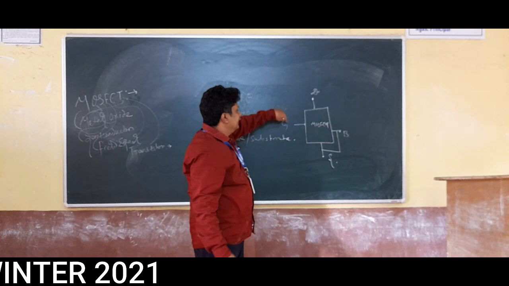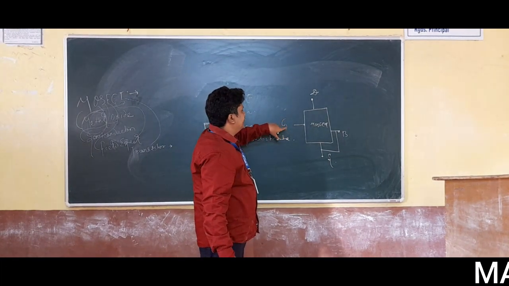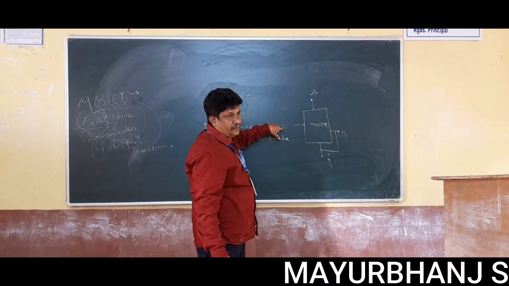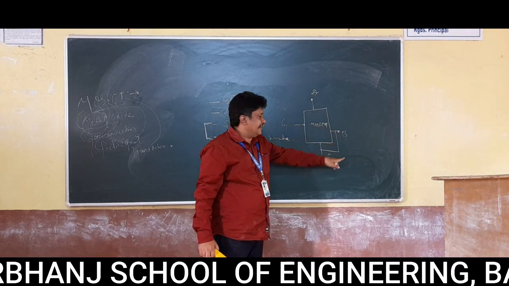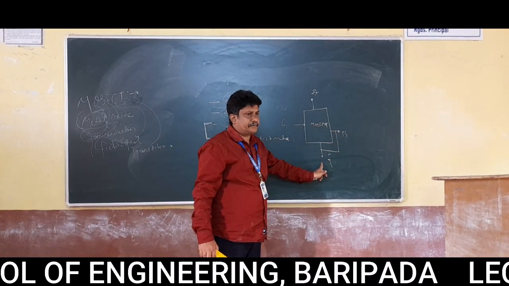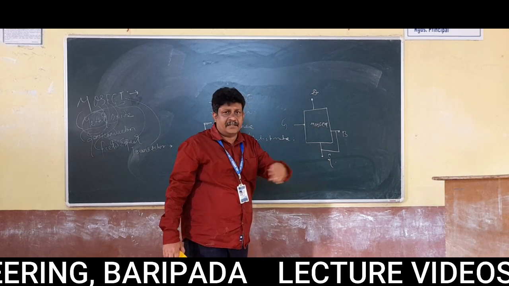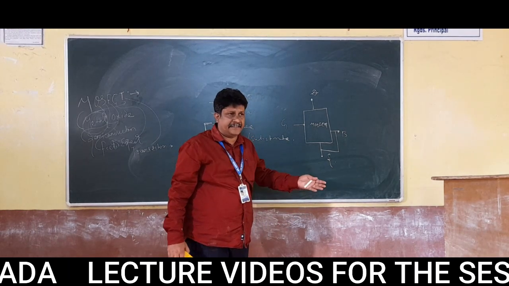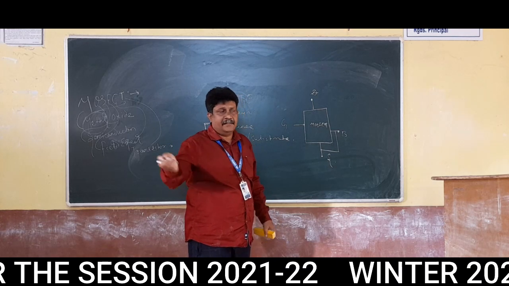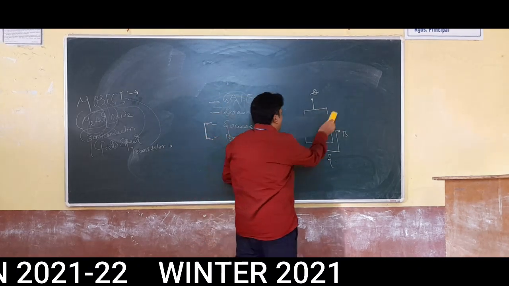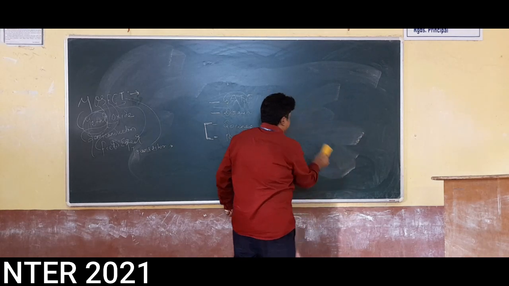From the working point of view, the MOSFET has 3 terminals: gate, drain, and source. Now we will see the different types of MOSFETs. Then we will describe the constructional view and the circuit operation. Now come to the next part.